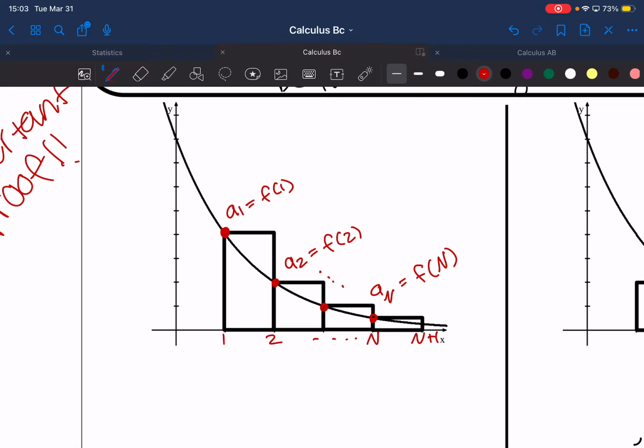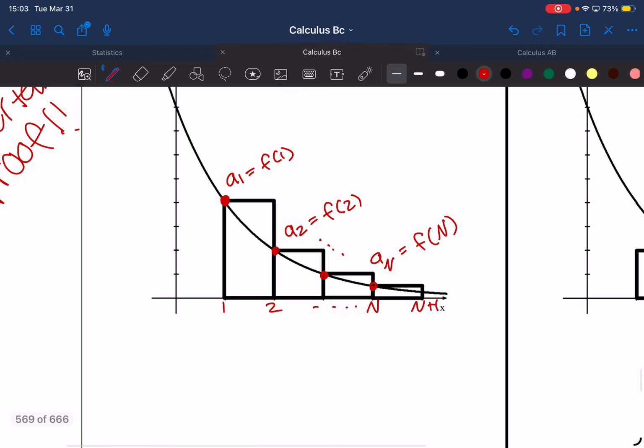Okay, so once we label all this, what we're going to do is create the summation. And by summation, remember when we did Riemann sum, it's talking about the areas of all those rectangles added together. So that is going to be the summation of n equals 1 to capital N of A sub n.